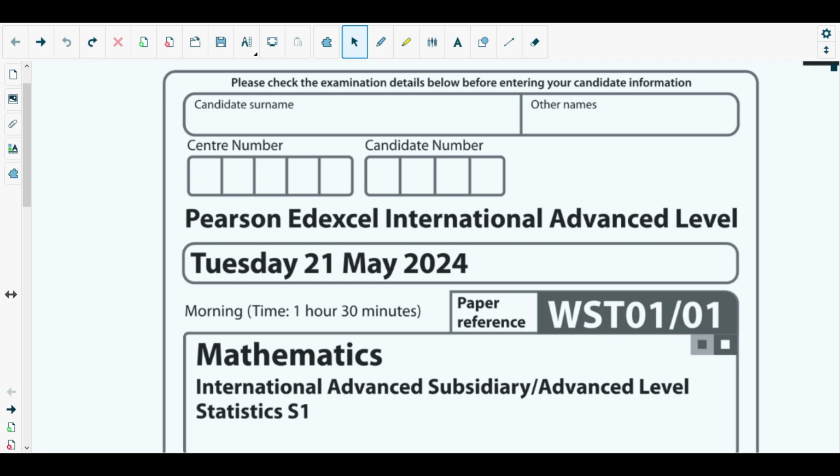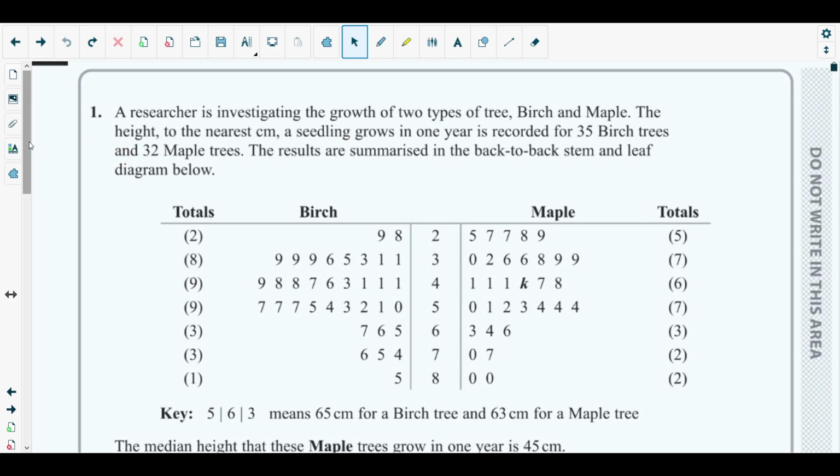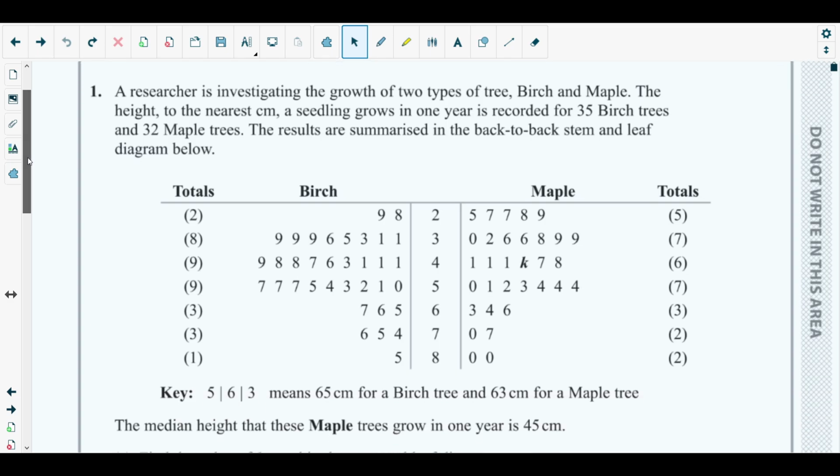So let's start with the first question from the S1 May 2024 paper. If I give a brief review of the background, the concepts behind this question are from chapter 2 and chapter 3.